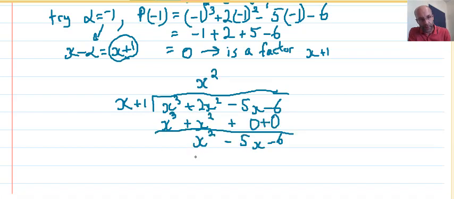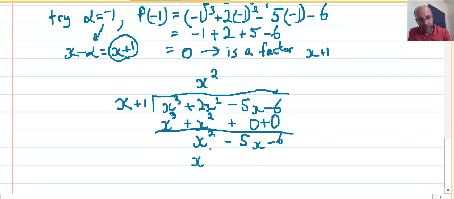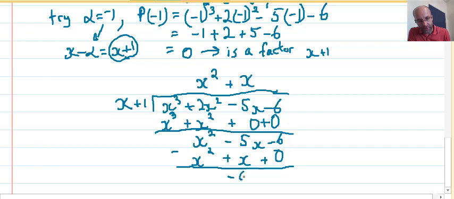Okay, so we now need to bring the next one down. So we times that one by x. Subtract. Negative 5 minus x is negative 6.